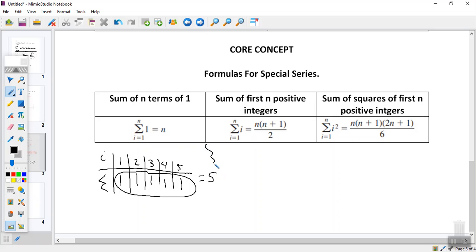Now, one you're going to see a lot of, and this one's an important one. It says sum of the first what? n positive integers. It's given to you as n times what? n plus 1 over what?